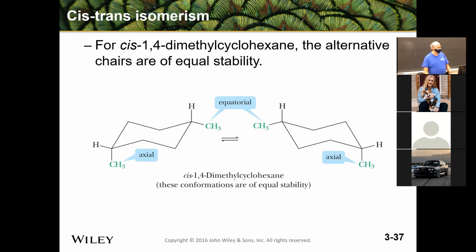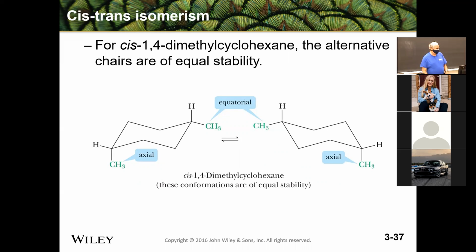For the cis 1,4, here we have one axial, one equatorial. When we do the ring flip, we still have one axial, one equatorial, and so they're both the same energy. They have equal stability.